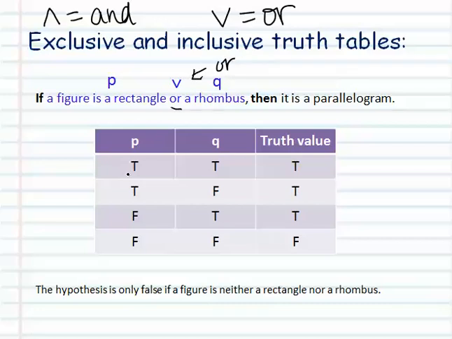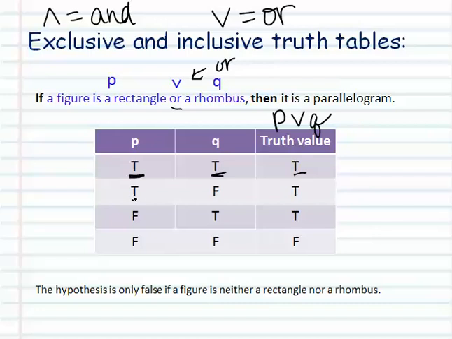So the first one says P is true and Q is true. Now, we're trying to say, are P or Q true? Well, yes, P is true, and so is Q. We have at least one of them to be true. Therefore, P or Q is true.